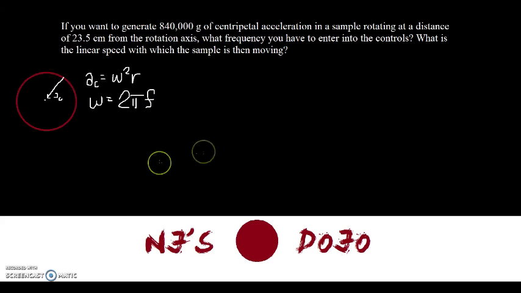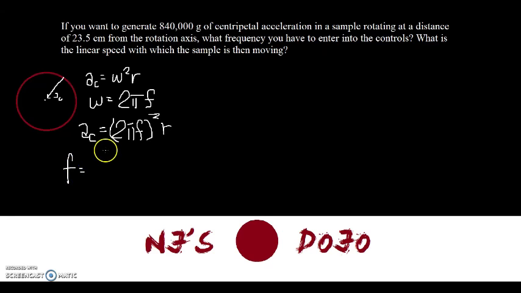So now we can plug in variables. We know that a_c would then be equal to (2 pi f) squared multiplied by radius. And since we're looking for frequency, we can derive the equation for frequency as f equal to 1 over 2 pi multiplied by the square root of the centripetal acceleration over radius.